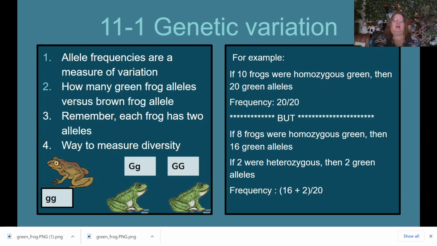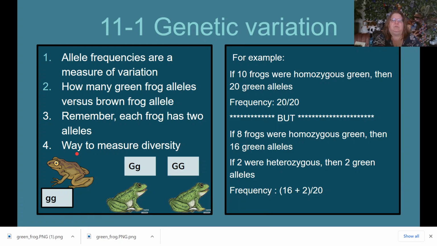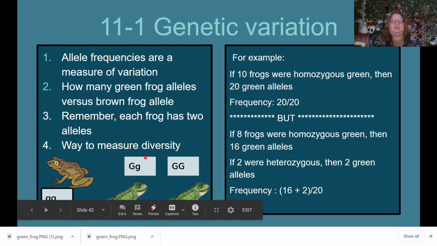So notice, if I have my brown frog over here, and let's say, for the sake of argument, the brown frog is recessive, and so in order to get a brown frog, we have little g, little g. And then for the green frog, let's make this green frog heterozygous, and then this green frog homozygous dominant.